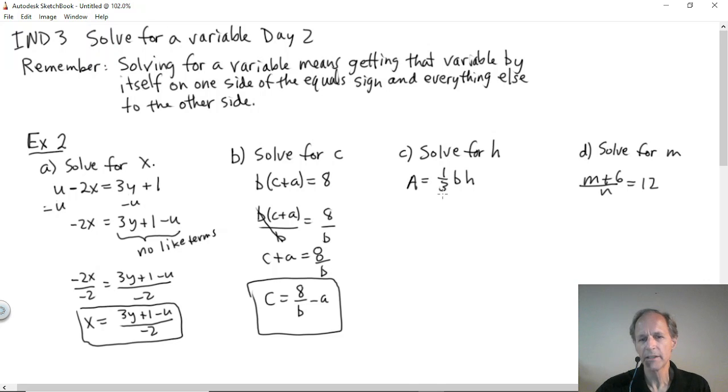So 3 is on the denominator, and I think we had one the other day. We rewrote this, recognizing that b is just b over 1, and h is h over 1. And I'll write it over here. We did something like this, I think. It was a different problem, but it was the same idea.